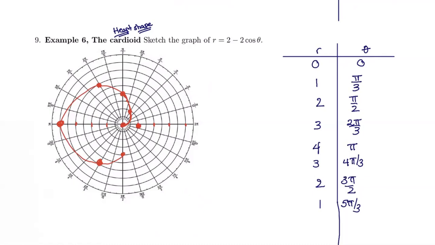So we would go out 1 and around 5 pi over 3, which would put us there. And we can complete the unit by going to 2 pi, and we would end up with 0. And so the effect is complete, and it does look like a heart.